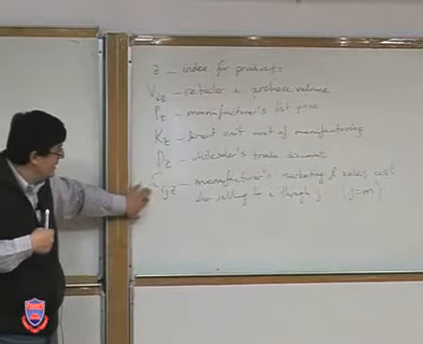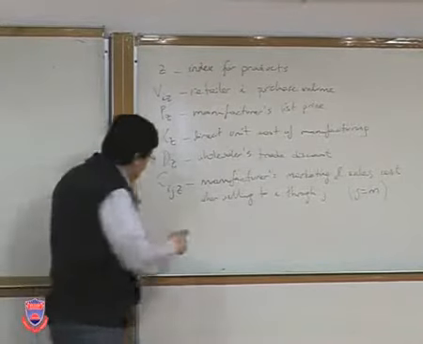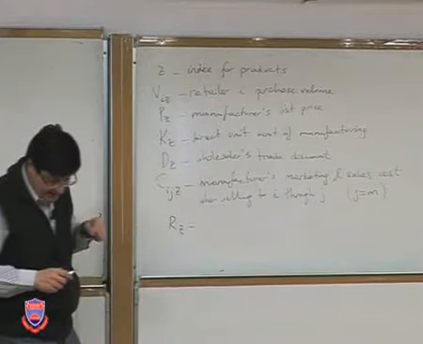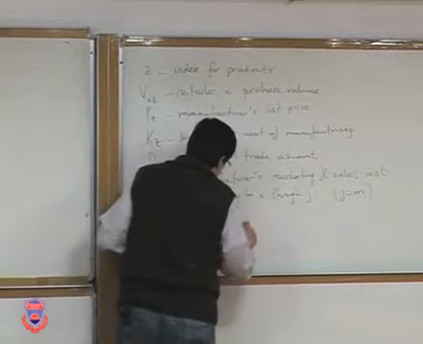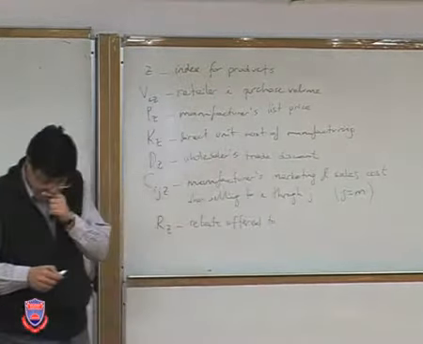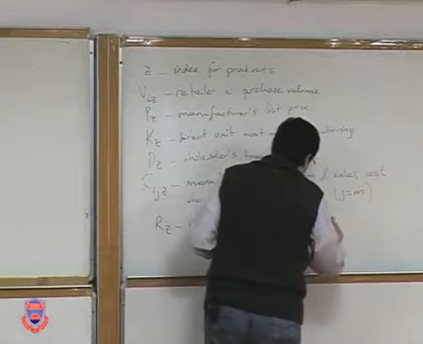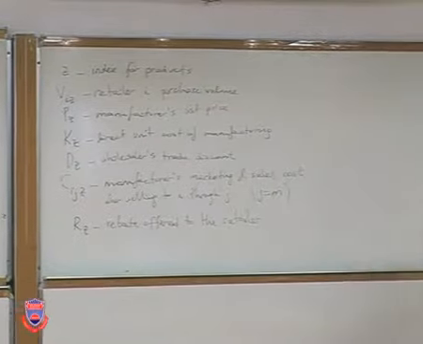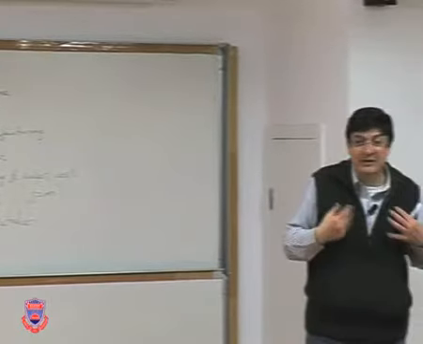by the manufacturer. Okay, and then finally I'm going to have R sub Z, which is the rebate that I'm going to offer to a retailer. So now I know that the retailer is using the wholesaler, but now I want the retailer to directly buy from the manufacturer.